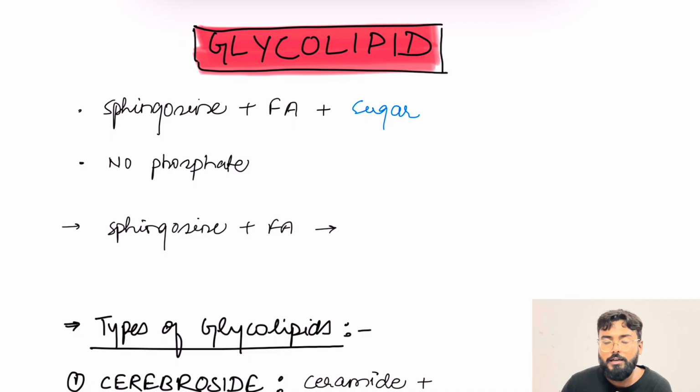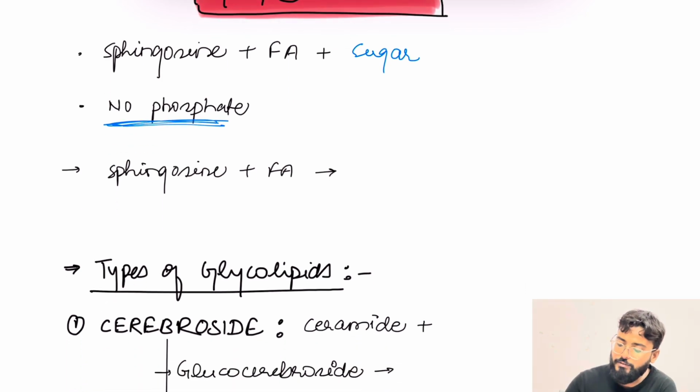So whenever a sugar component combines with ceramide, it forms a glycolipid. One important thing that you need to remember is that here you are not going to see any phosphate. It is without the phosphate. And we already know that sphingosine plus fatty acid is your ceramide.